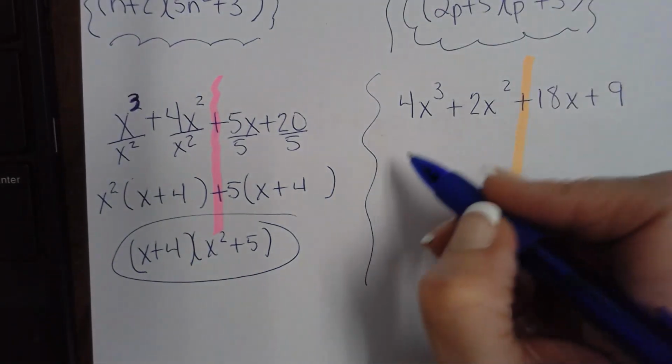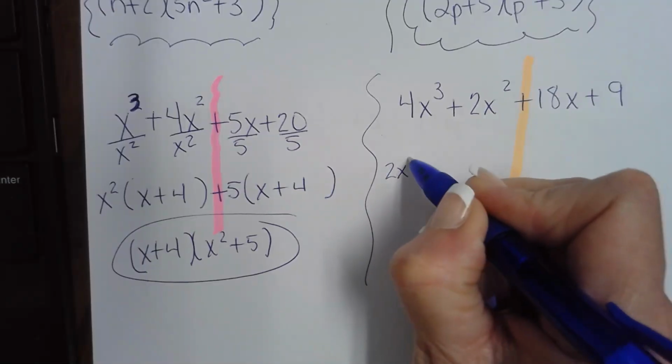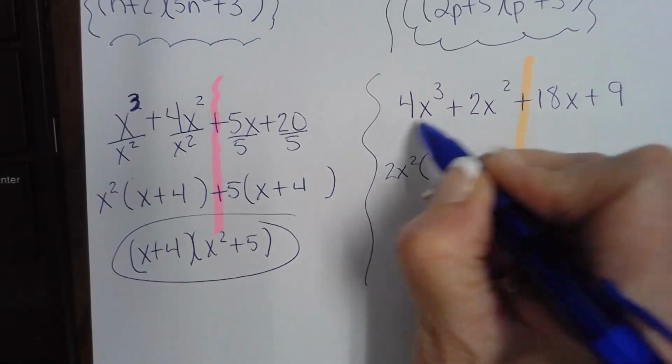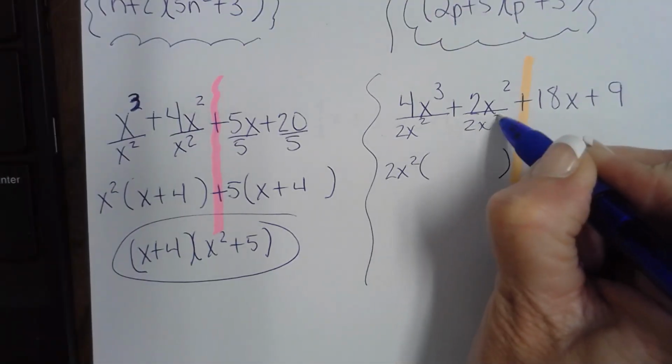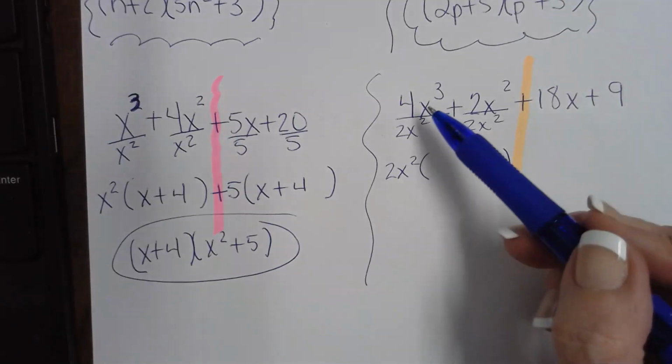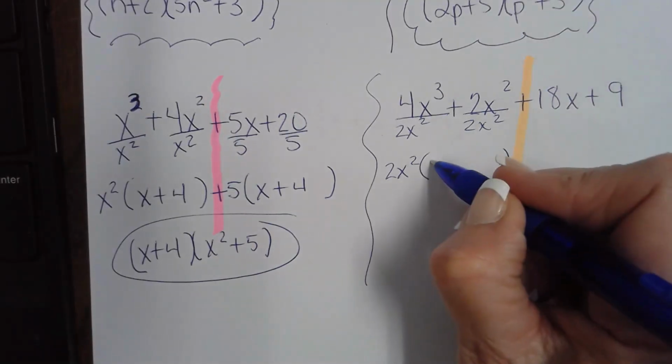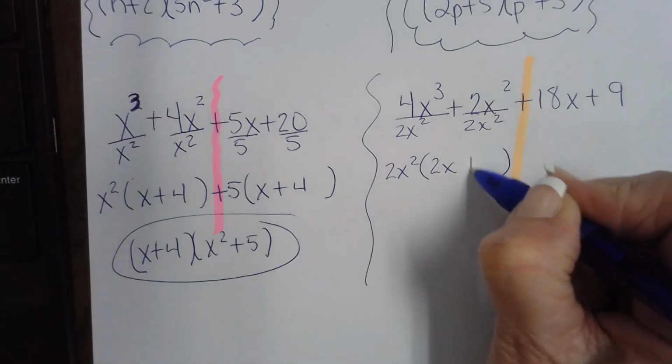The greatest common factor is 2x squared. So when I factor by the greatest common factor method, when I do the division here, I get a 2x, and here I get a positive 1.